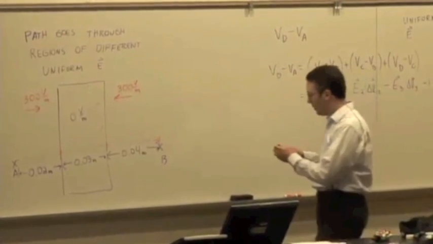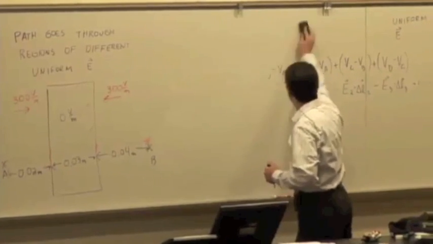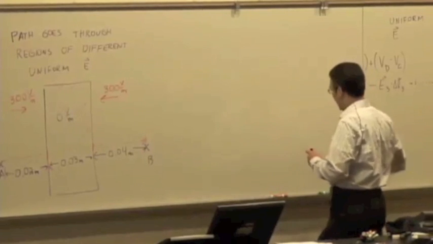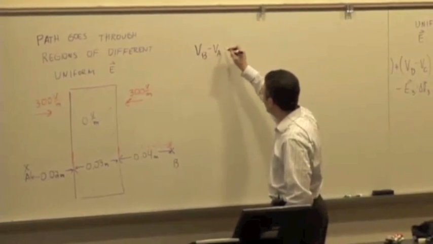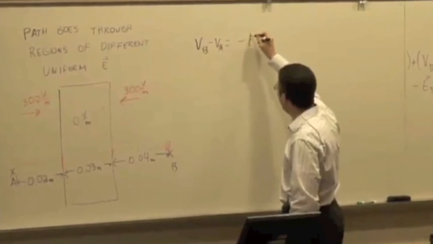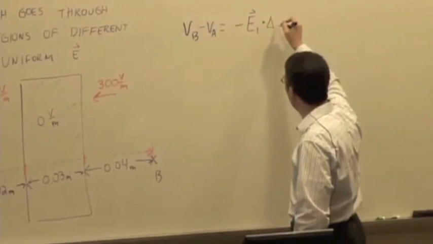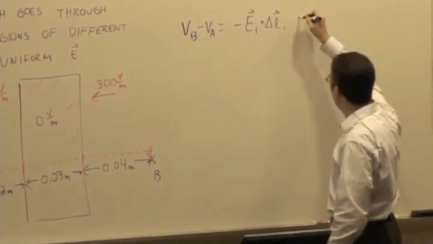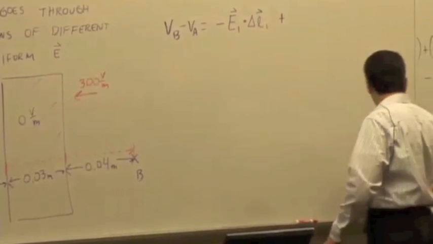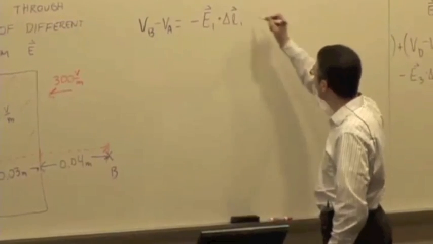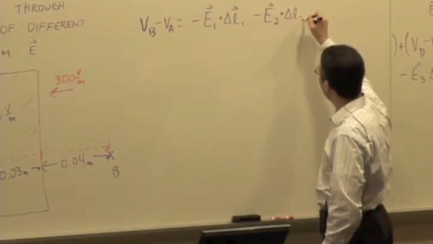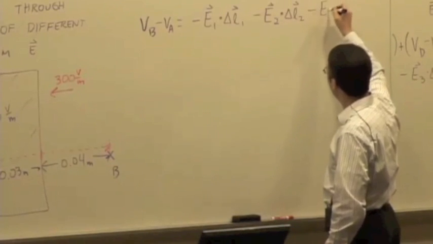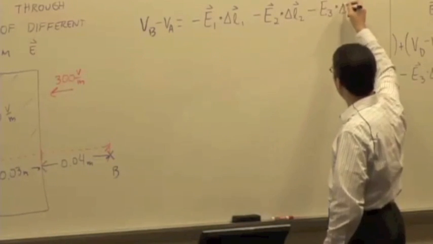We have VB minus VA is going to be negative E1 delta L1 plus or minus, we're adding a negative here, minus E2 dot delta L2 minus E3 dot delta L3.